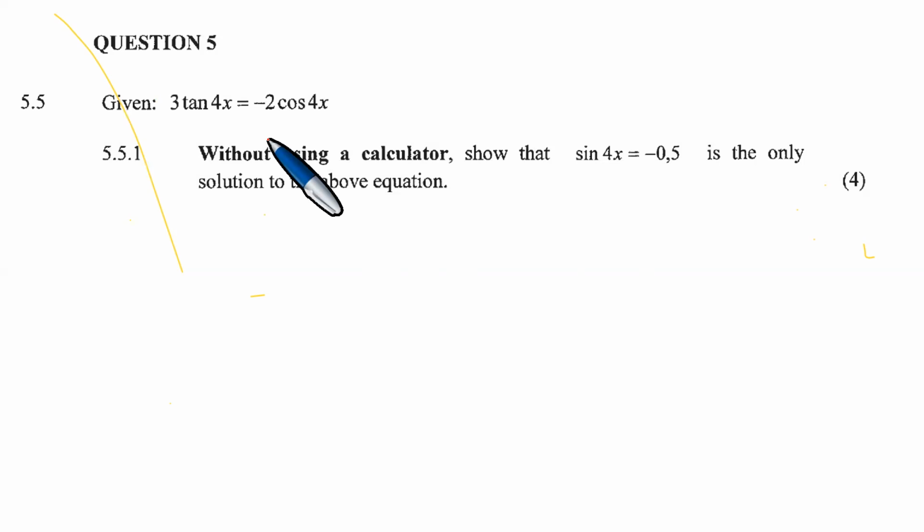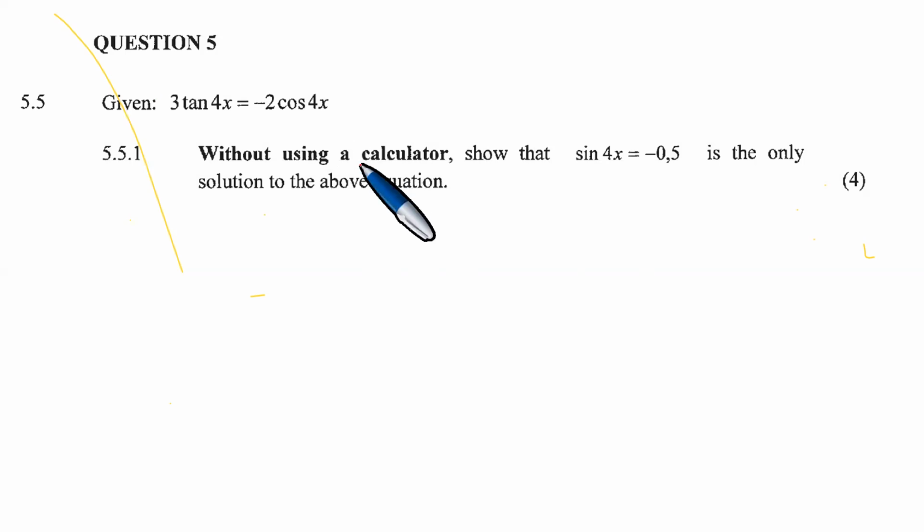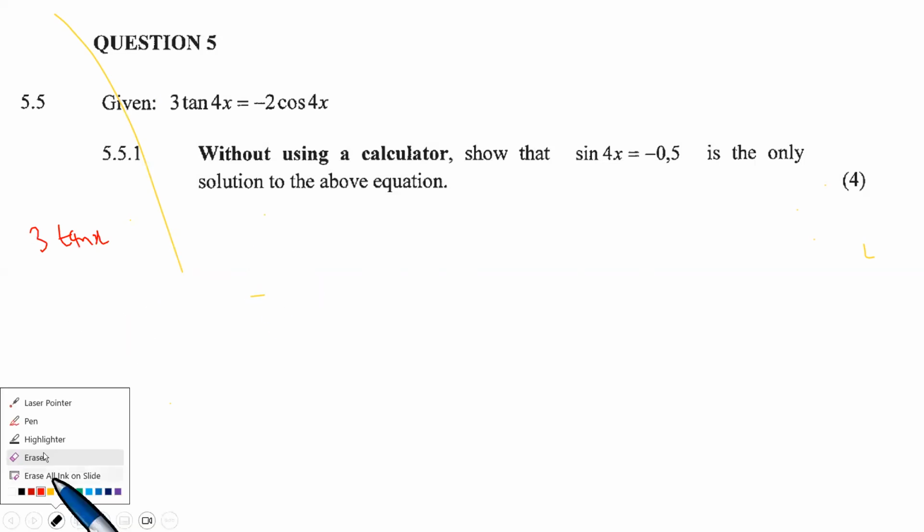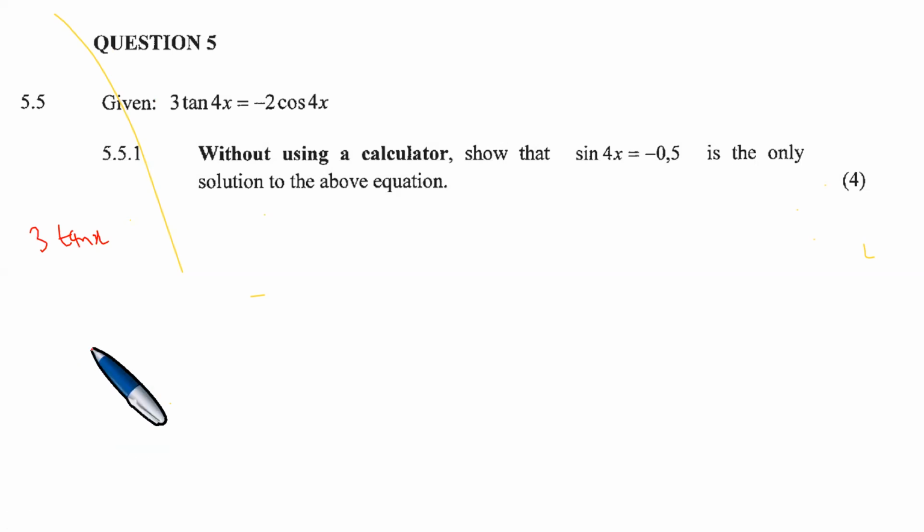Okay, to show this one here, I left space. All right, so first things first, we shall start as follows. So we shall have 3 tan x.